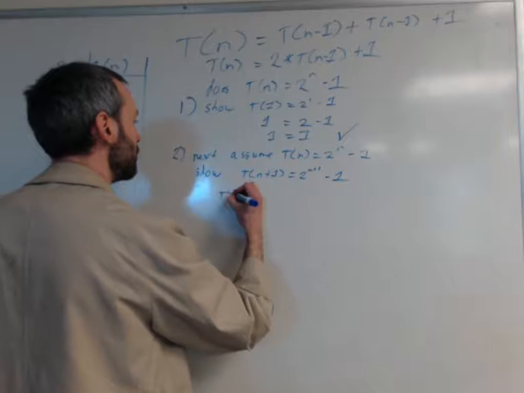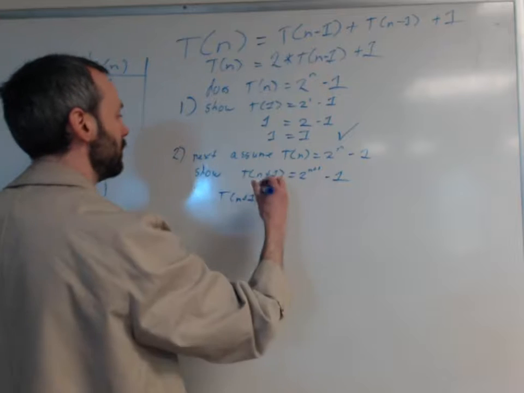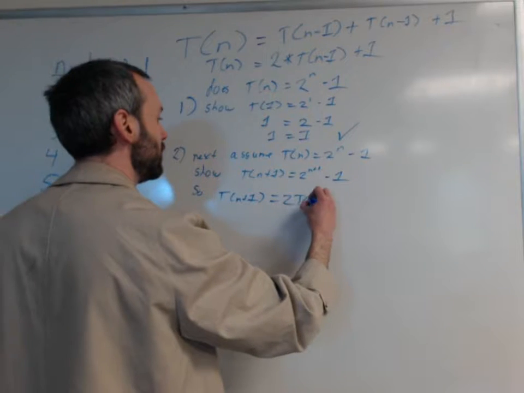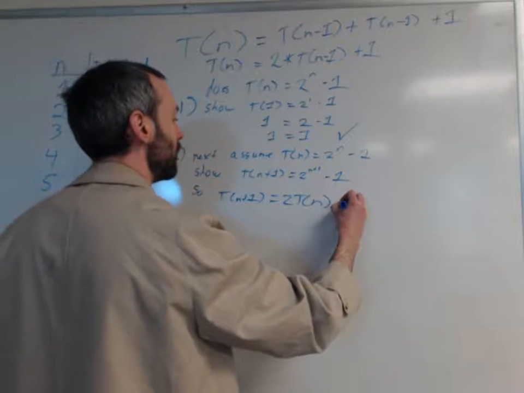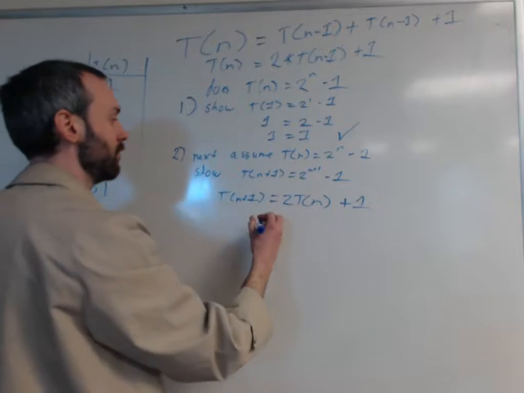All right. So T of n plus 1, well, we have this formula up here, which is equal to 2 times T of n, plus 1. Well, T of n, that's our assumption, right? Good.